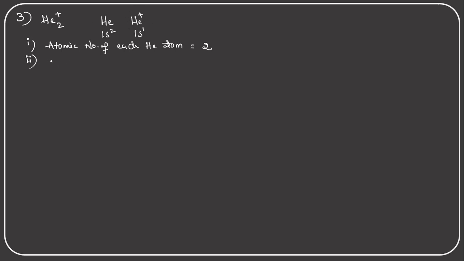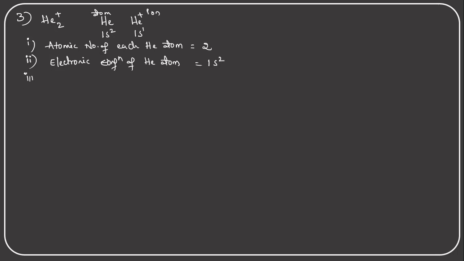So we have to write the electronic configuration. This is the helium atom, and this is the helium ion. The electronic configuration of the helium atom is 1s2.